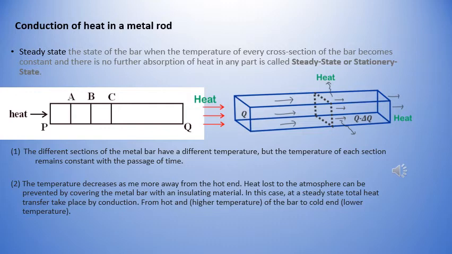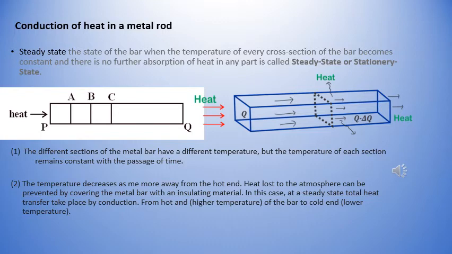With the passage of time and continuous supply of heat, a state is reached when the temperature of each and every section becomes constant, and in this state, no more heat is absorbed by any section of the bar. We call it the steady state or the stationary state.